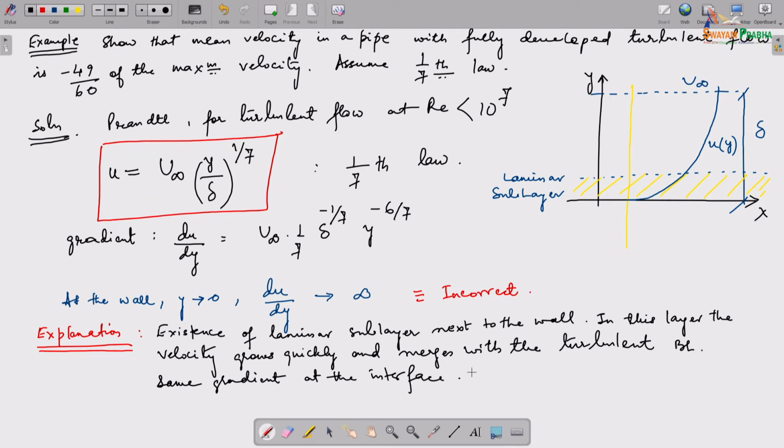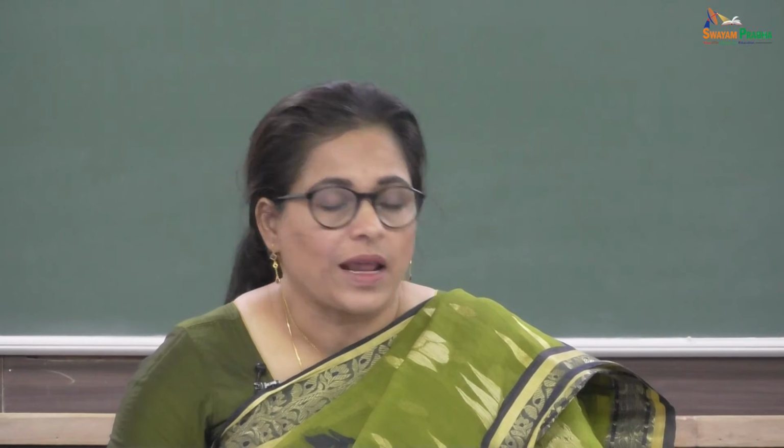So, same gradient at the interface. Okay. Therefore, of course, the drag on the surface is due to the wall shear stress in the laminar sublayer. Okay, this is important.